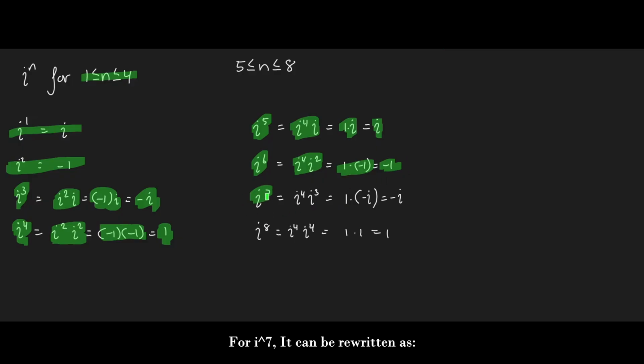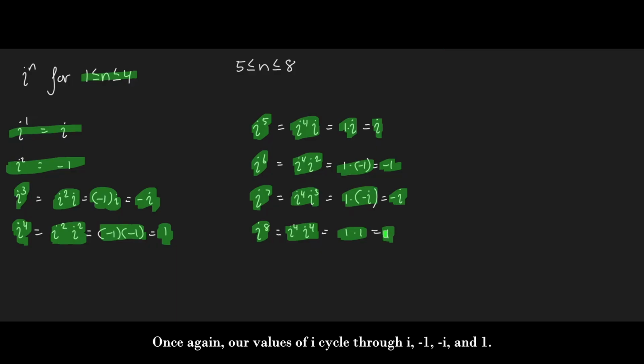For i to the 7th, it can be rewritten as i to the 4th times i cubed, which equals 1 times -i, which equals -i. i to the 8th can be rewritten as i to the 4th times i to the 4th, which equals 1 times 1, which equals 1. Once again, our values of i cycle through i, -1, -i, and 1.